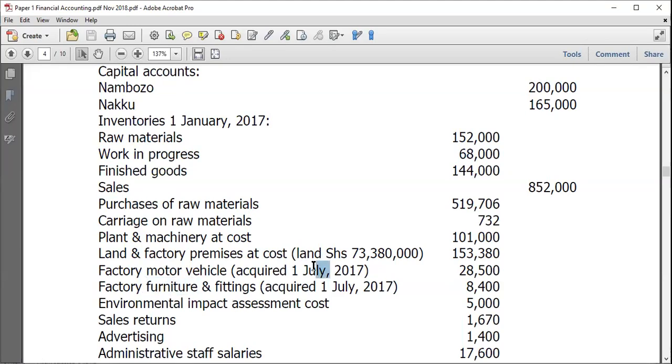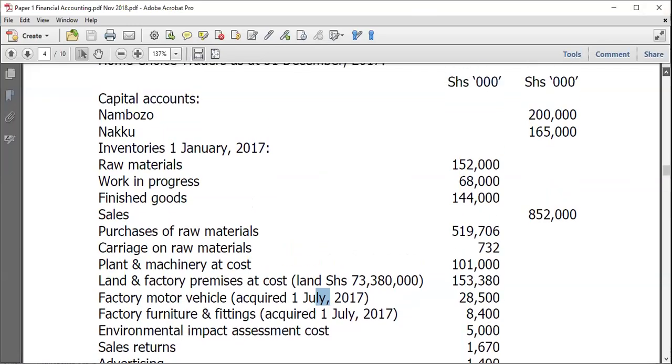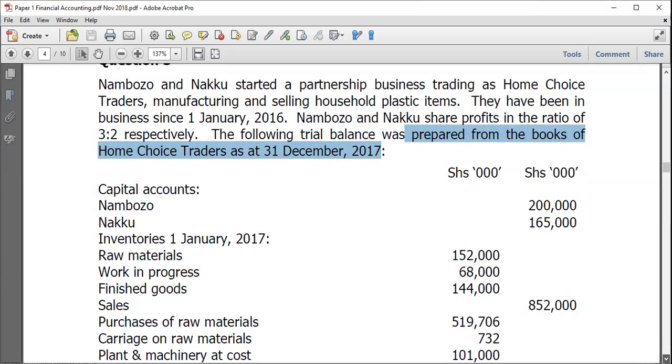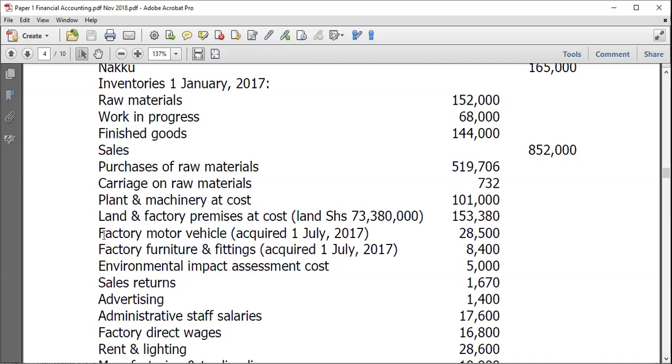Now, when they put dates here, my aim is just to find out which books we are looking at. We are looking at books at the end of 31st December 2017. So ideally, these assets were acquired midway within the year.